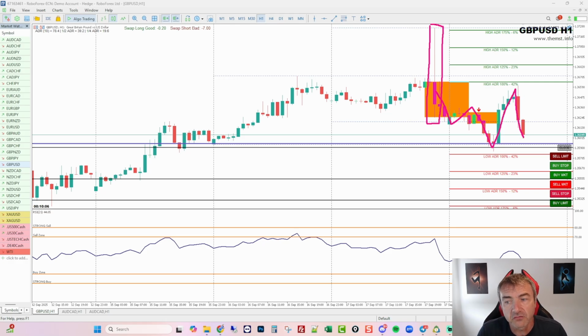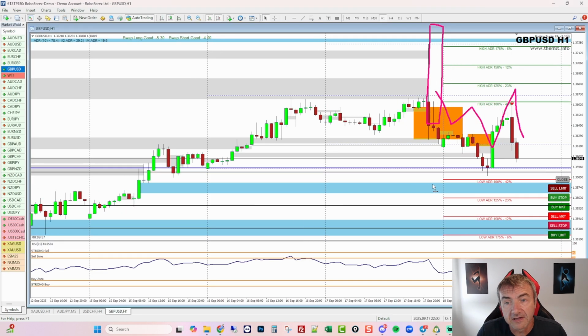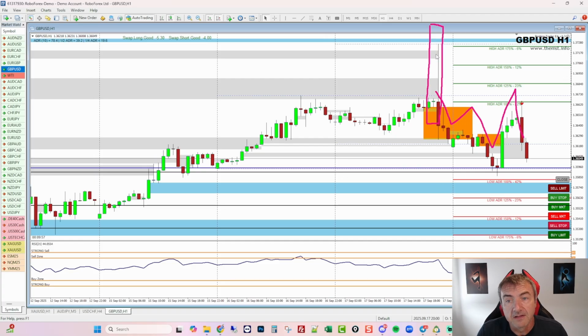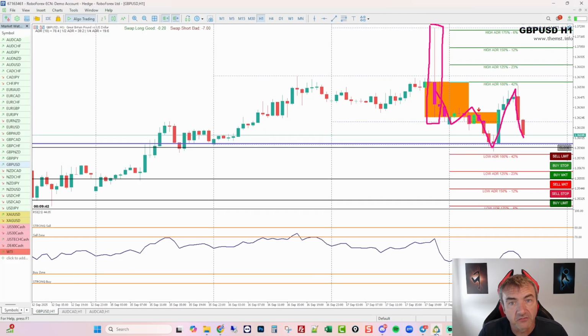If I change over to MetaTrader 4, you can see it's doing exactly the same thing. Big spike up yesterday, pushed down, pushed up, pushed down, pushed up, pushing down again. So we've got the same candlesticks shown on MetaTrader 4 as we have on MetaTrader 5.